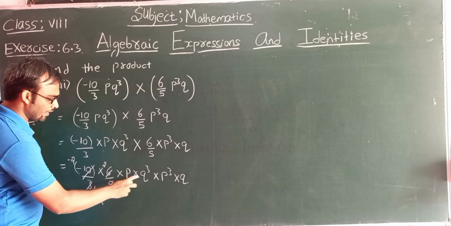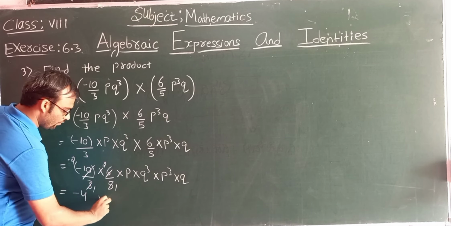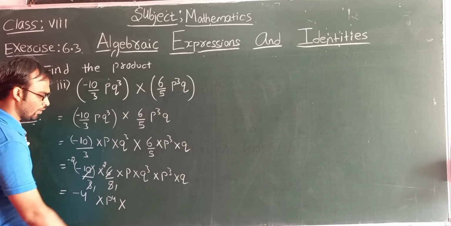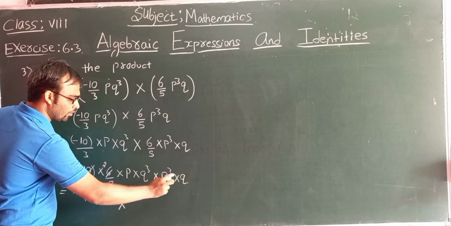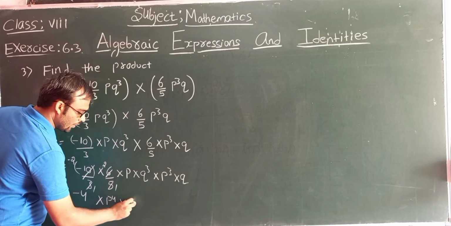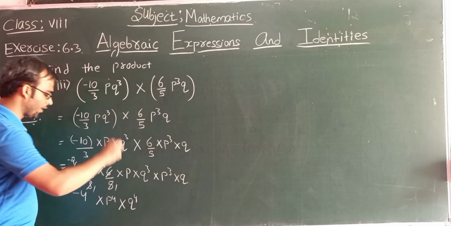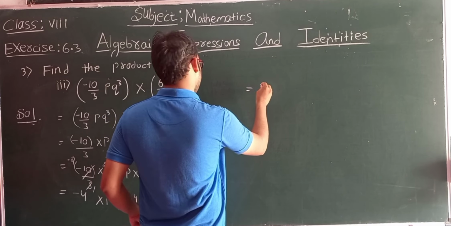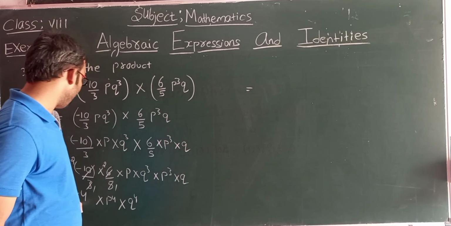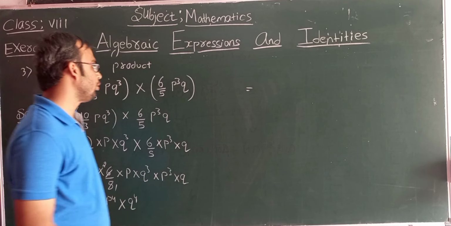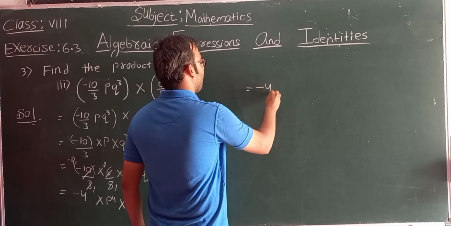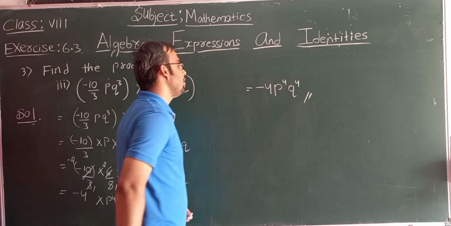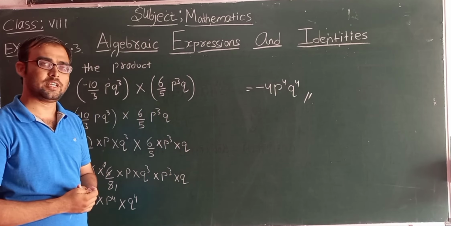Next, p into p cube will be p to the power 4, and q cube into q is what? q to the power 4. So this equals minus 4 p to the power 4 q to the power 4. So this will be the solution for the third problem.